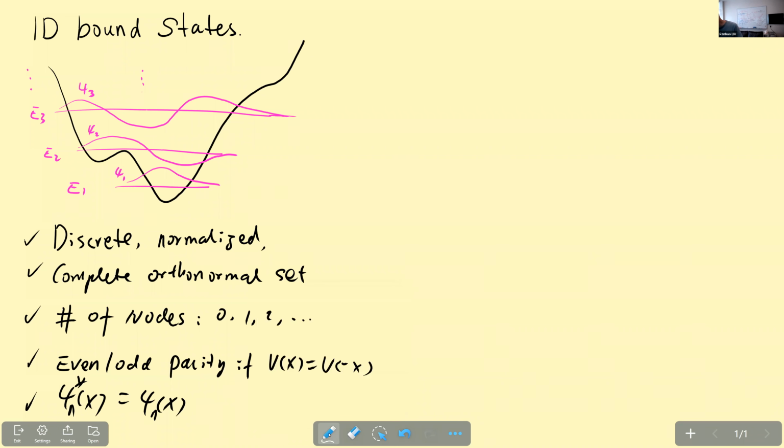So because we have this kind of boundary conditions. First, psi goes to 0 at x equals plus or minus infinity. So this gives us two equations, right?